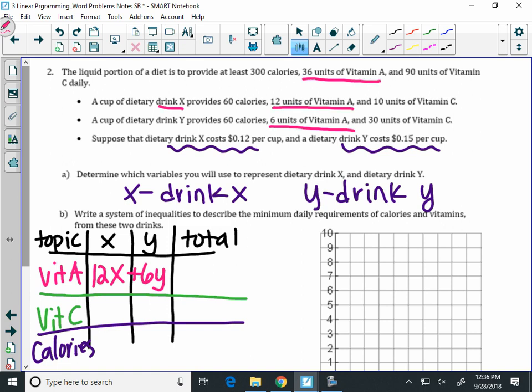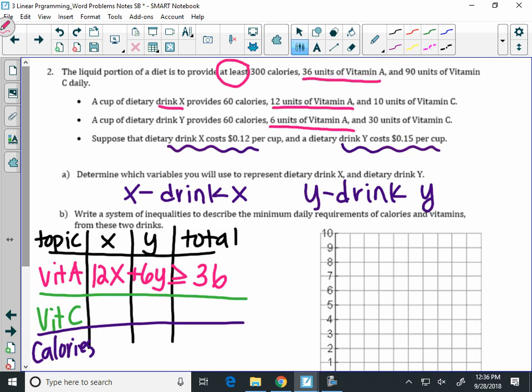Now, watch the word here. It says you have to provide at least. So do I want less than 36 units of vitamin A, or do I want 36 or more? 36 or more. So this time I need to do what symbol? Greater than or equal to 36. This is going to be a little bit different.